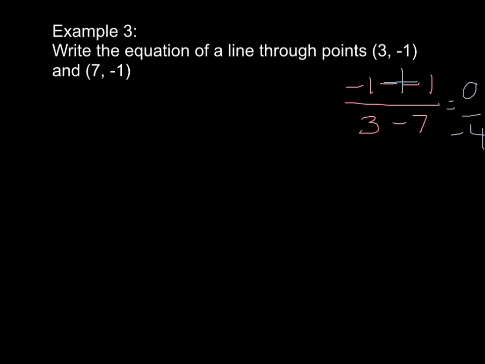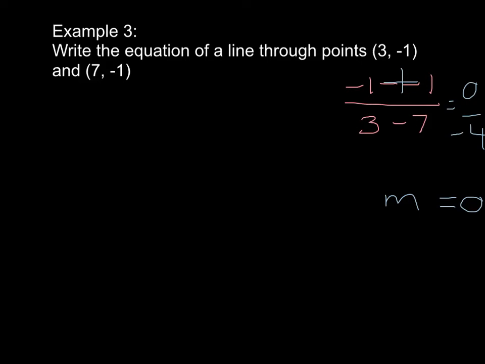Perhaps you got 0 over positive 4 if you chose the points in the reverse order. And if you remember right, 0 over anything is 0. So this slope came out to be 0. That's my slope.